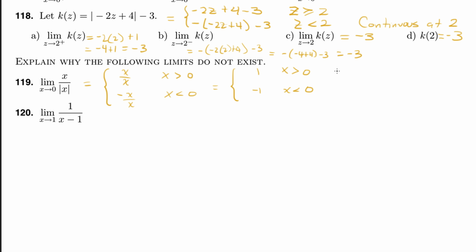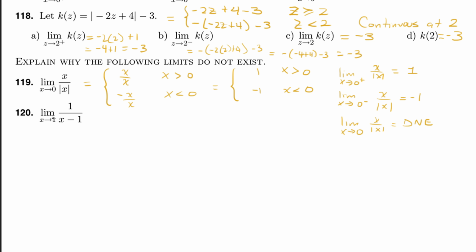So notice that the limit when x approaches 0 from the right of x over absolute value of x is equal to +1. The limit when x approaches 0 from the left of x over absolute value of x is equal to -1. Therefore, the limit when x approaches 0 of x over absolute value of x does not exist.